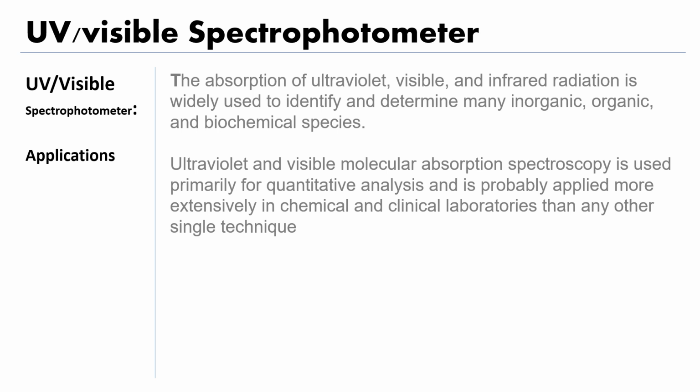For example, the visible spectrophotometer is used to study the different phytochemicals present in plants. These techniques are used for qualitative and quantitative measurements of nucleic acids.